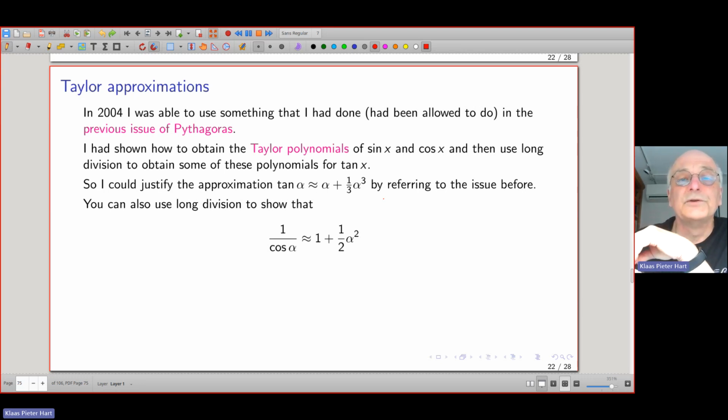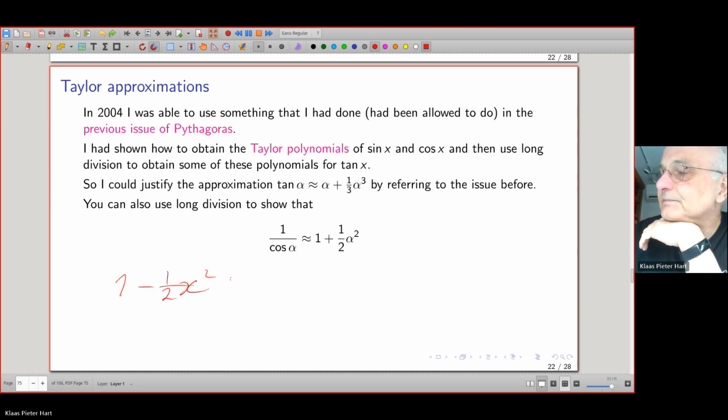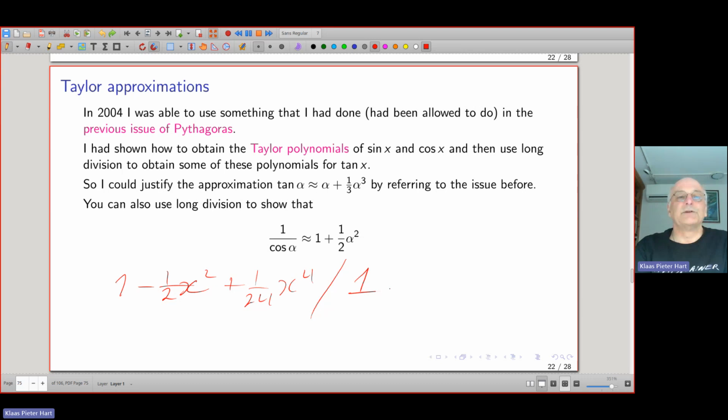And then you can also use long division. Here is a small Taylor polynomial for the cosine, and you can divide 1 by that polynomial. And when you do the first step, as you will see, you can try it yourself.